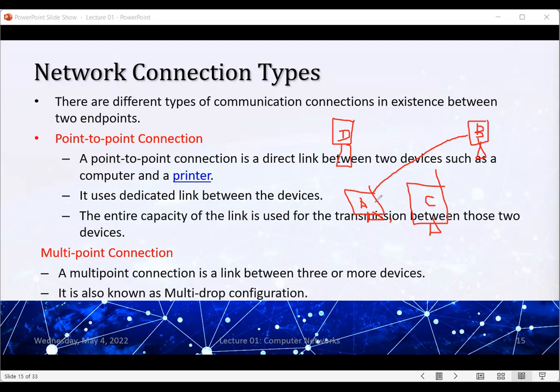The entire capacity of the link is used for the transmission. Let's say the speed along this line is 100 Mbps. That entire speed is used when we transmit something from A to B. Entire capacity, entire speed will be used.